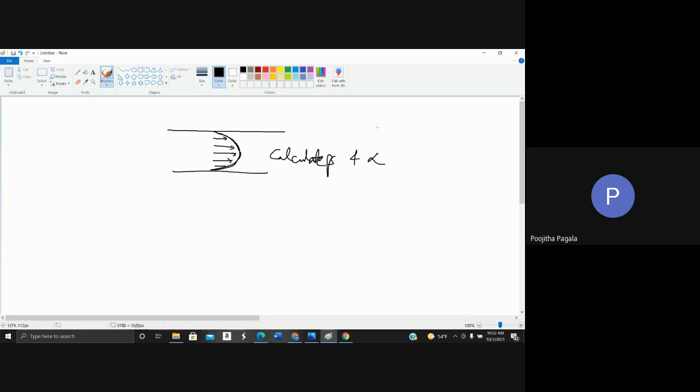Try this problem. The parameters are: the diameter is d, the density of the fluid is rho, you have a viscosity mu, and you also know the velocity distribution, v is equal to v max into (1 minus (r by R) whole square).